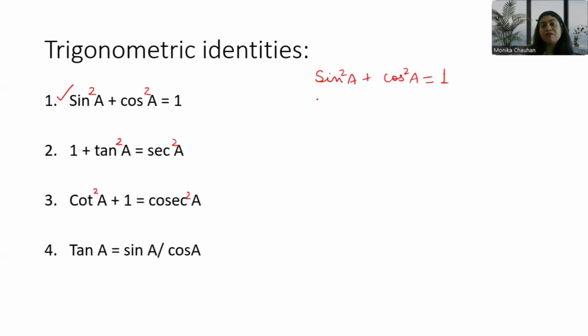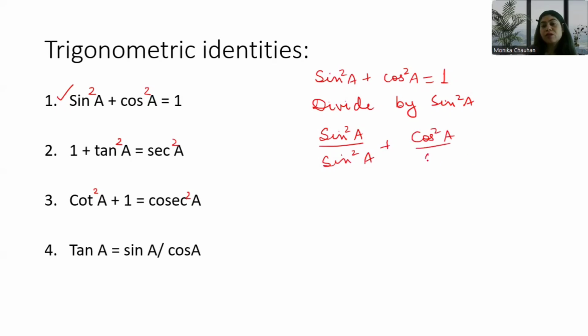So for the second one, first you divide the whole equation by sine square A. Now what happened when you divide the whole equation by sine square A? You got sine square A upon sine square A, plus cos square A upon sine square A. And here also you have to divide the right side by sine square A. Now what happened?